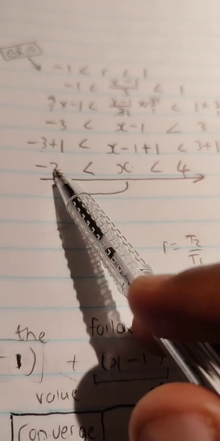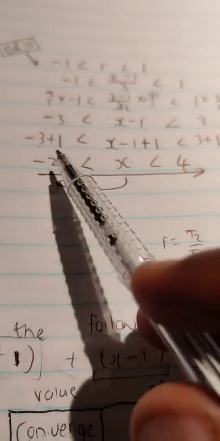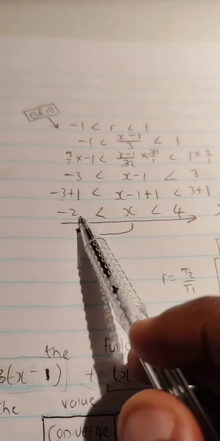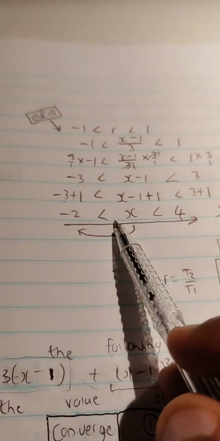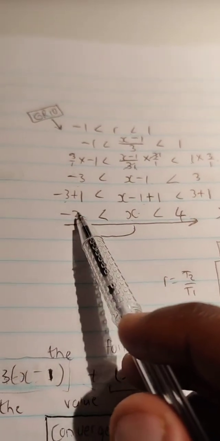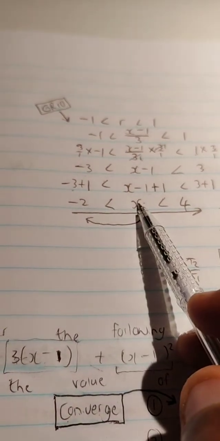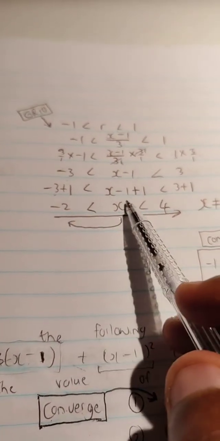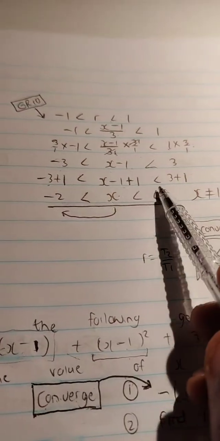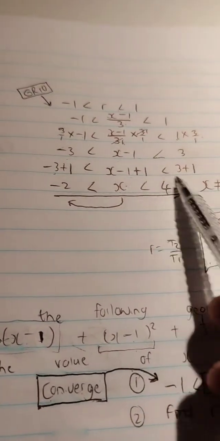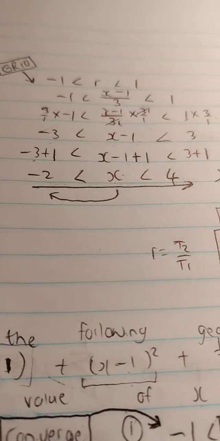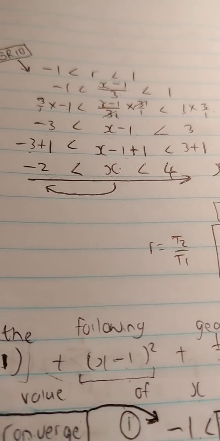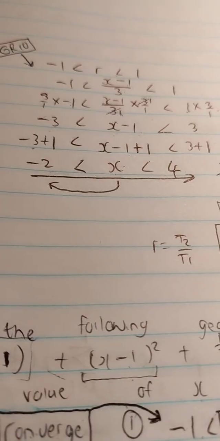So it has to be a value that is greater than -2. It has to be a value on this side. It can't be -3, -4, -5, no. It has to be the values that are this side. All real numbers that are greater than -2, sorry, but they are less than 4. They need to be below this value of 4. All right. So that's how you read that.